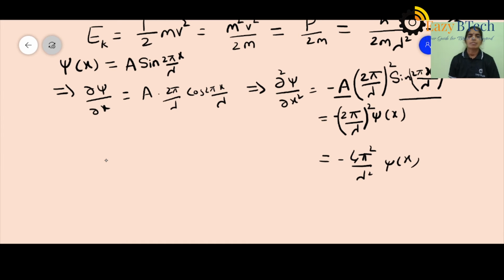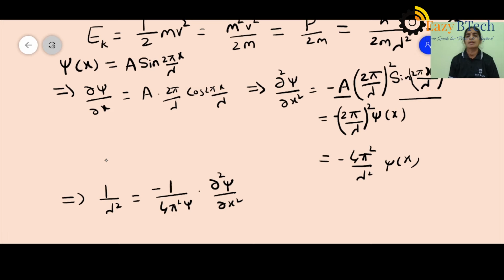Simplify this expression for 1 by lambda square. Writing it in terms of 1 by lambda square, with minus 4 pi square and psi taken to the other side, it becomes minus 1 by 4 pi square psi into dou square psi by dou x square.